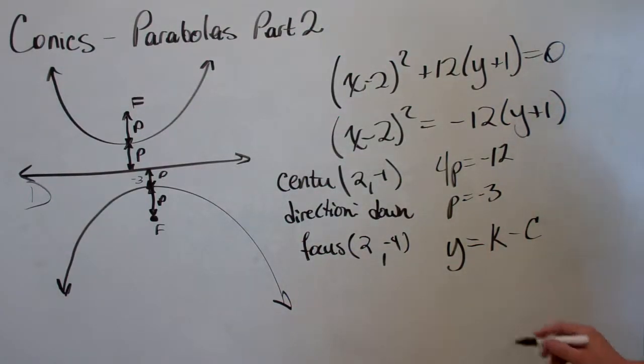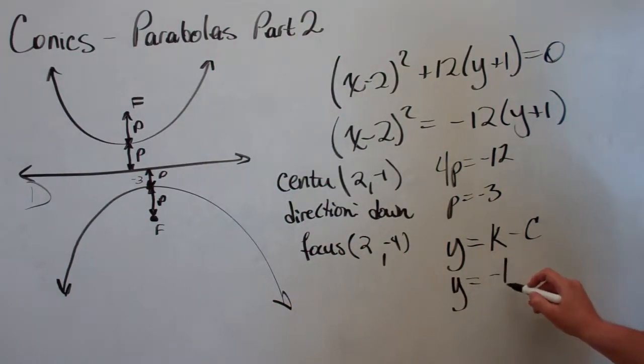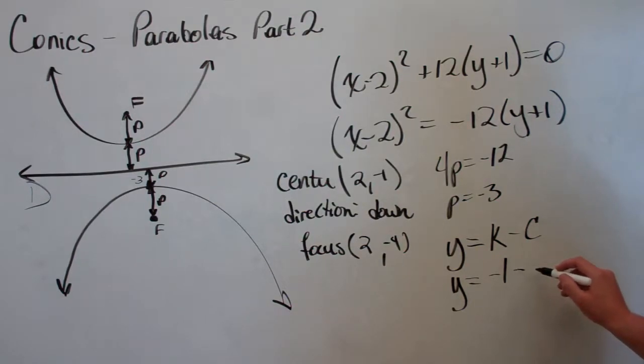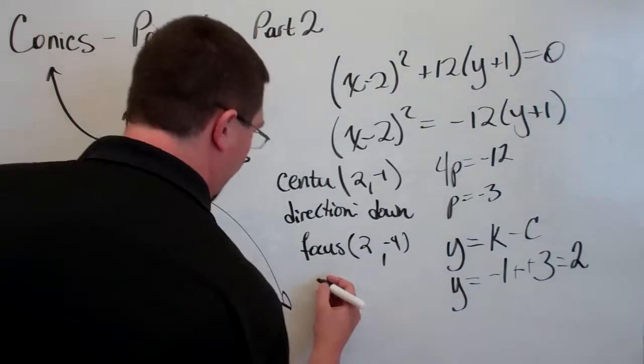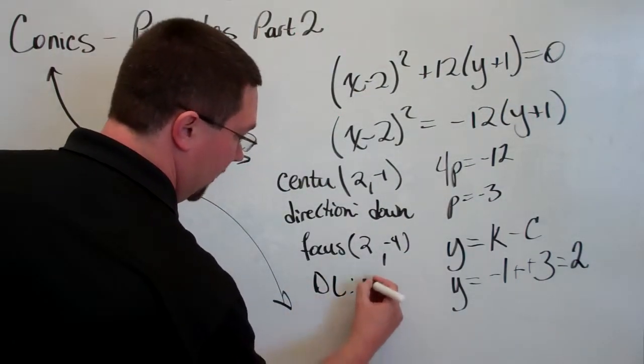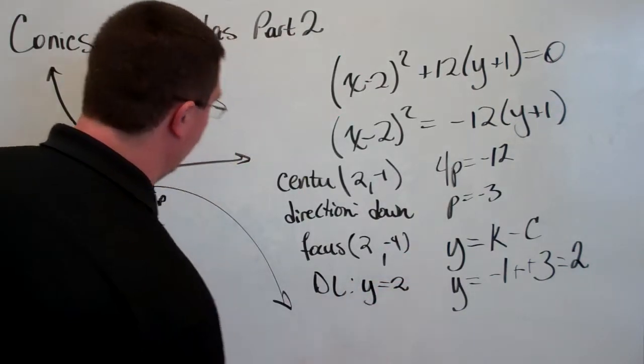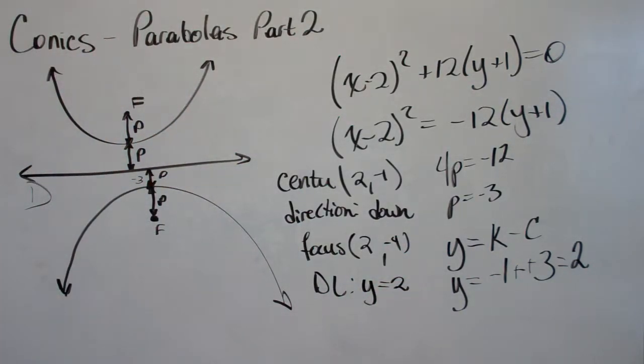Negative 1 minus negative 3 goes to pluses. Negative 1 plus 3 is positive 2. So the equation for our directrix line, I'll call it DL, is y equals 2. That's how you find your directrix line.